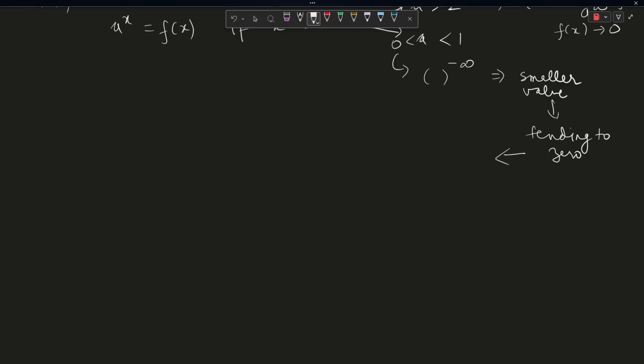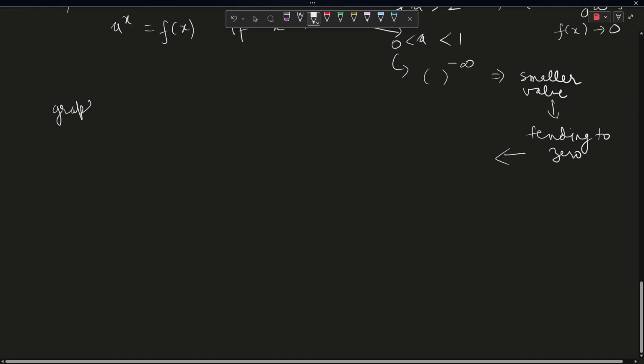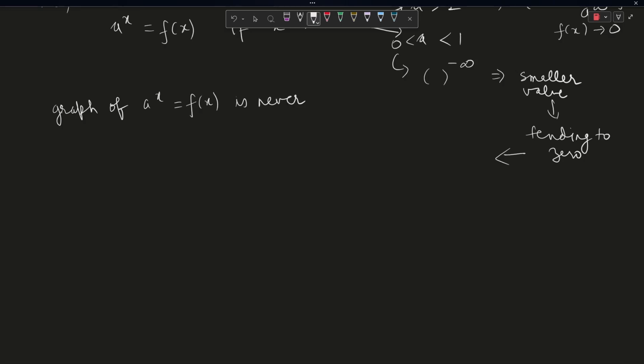Hence, in that case, we can say that the graph of a to the power x equals f of x is never meeting the x-axis.